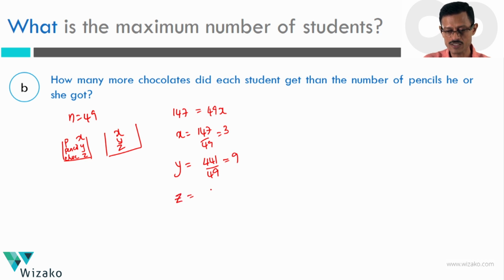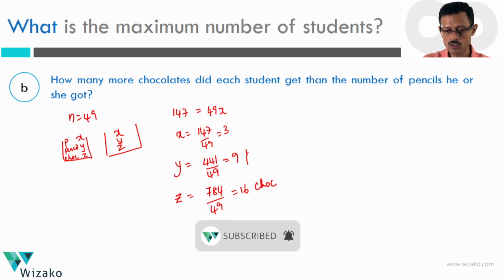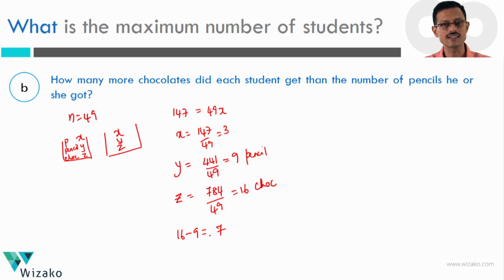Z being the number of chocolates, we have 784 chocolates to be divided into 49 hampers, which is going to be equal to 16. So each student has got 16 chocolates and each student got 9 pencils. So how many more chocolates? Each student has got 16 minus 9, 7 more chocolates than the number of pencils he or she got.